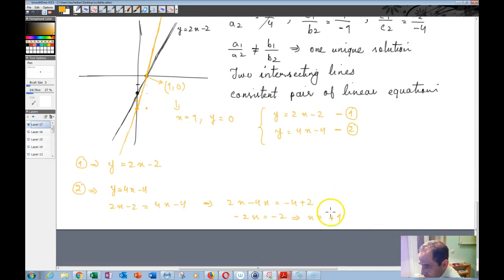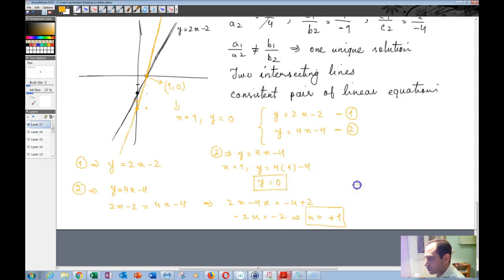And then now that you know that your x is positive 1, you can put it in any of these two equations and get the other variable. For example, equation 2 was y is equal to 4x minus 4, and so if x is equal to 1, then y is equal to 4 times 1 minus 4, so y is equal to 4 minus 4, which is equal to 0.